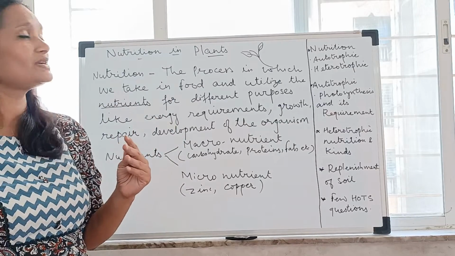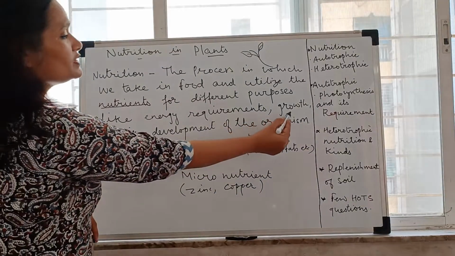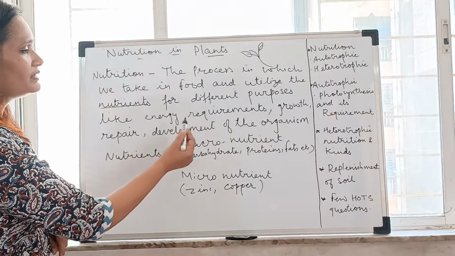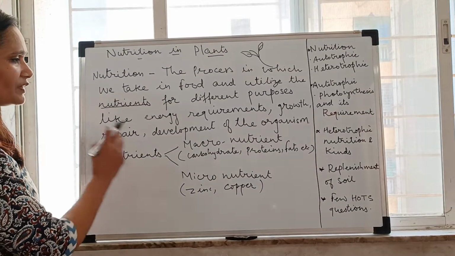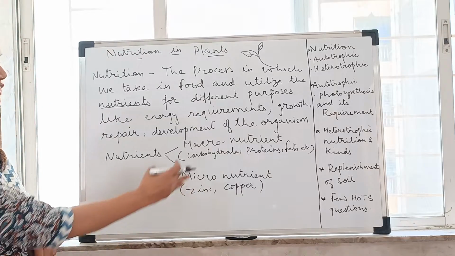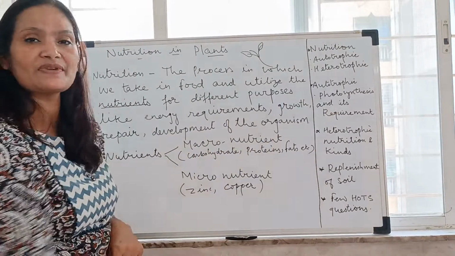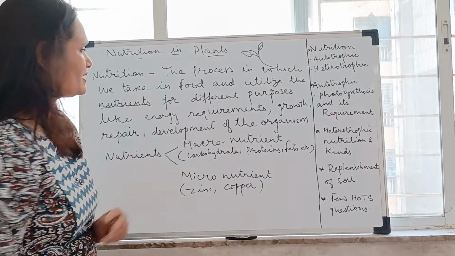Otherwise we get certain diseases, some malnutrition diseases. So growth, repair, development of the organism. And nutrients are of two types. One is macronutrients and the second one is micronutrients. Macronutrients like carbohydrates, proteins, fats, etc., and micronutrients like zinc, copper, etc. Okay?